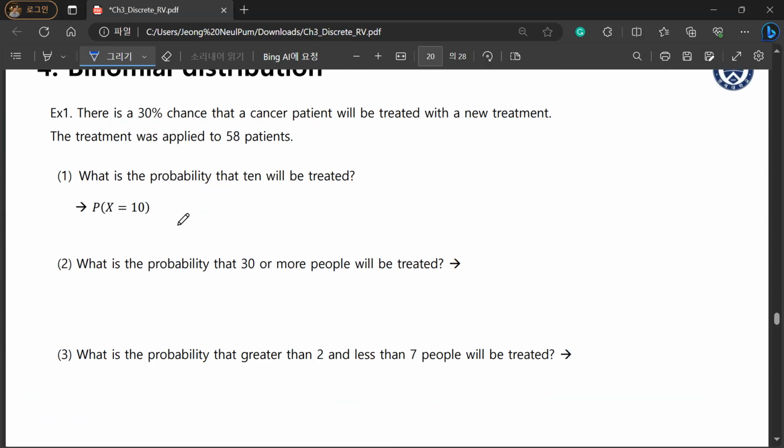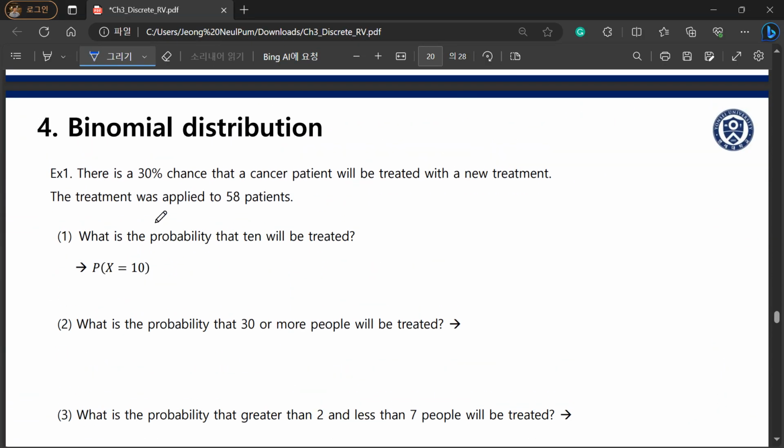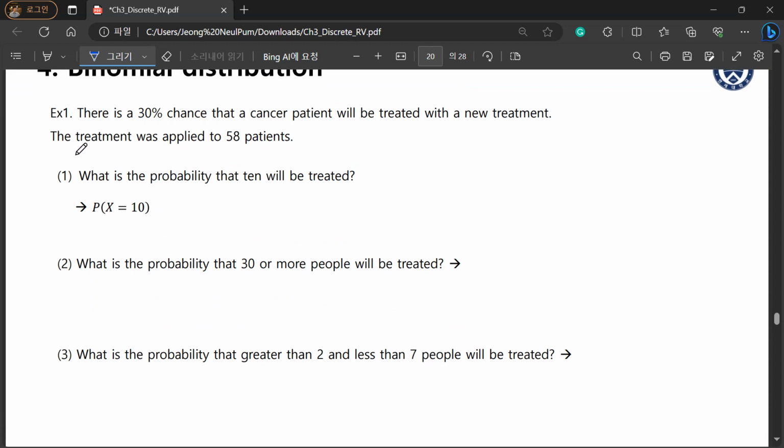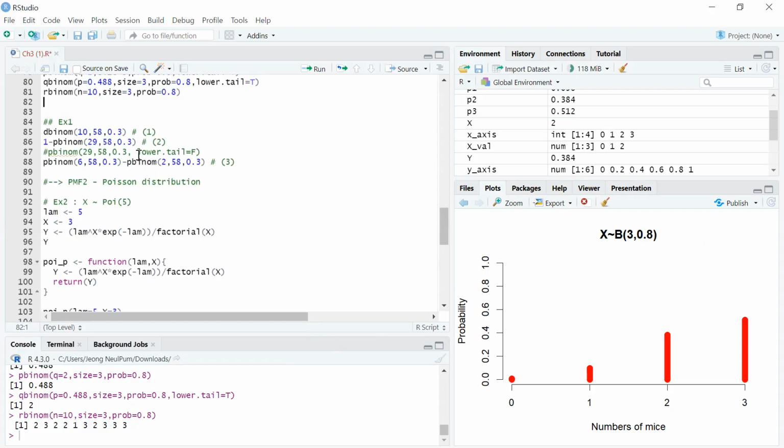So let's go to example number 1 here. There's a success probability which is 0.3, and it says that the total number of trials is 58.